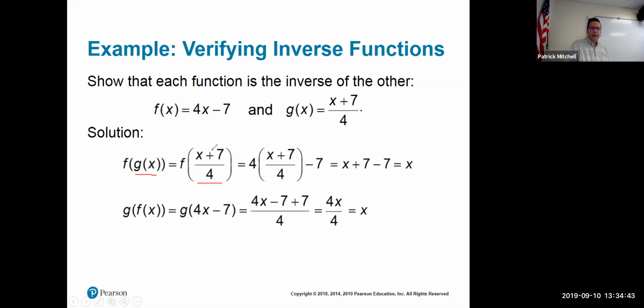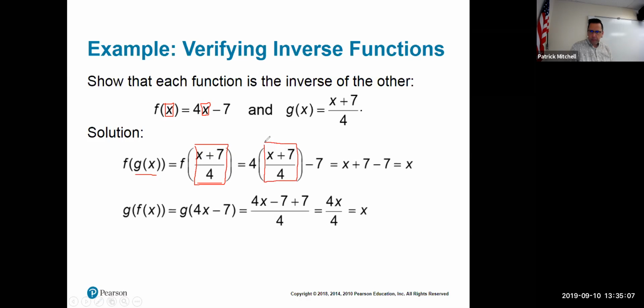Then you want to think about what function f does. So function f is a pretty simple function. It just takes a number, multiplies it by 4, and then subtracts 7. So that is exactly what I'm going to do to this thing. I'm going to multiply it by 4, and then I'm going to subtract 7.